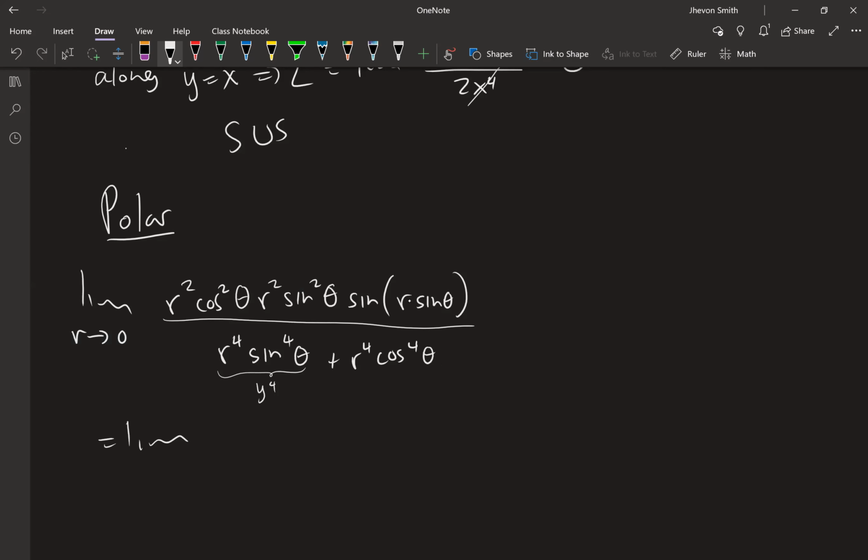This is going to be equal to the limit as r approaches 0. That is going to simplify, the r to the fourths would cancel. So this is cosine squared theta, sine squared theta, sine of r sine theta over sine to the fourth theta plus cosine to the fourth theta.